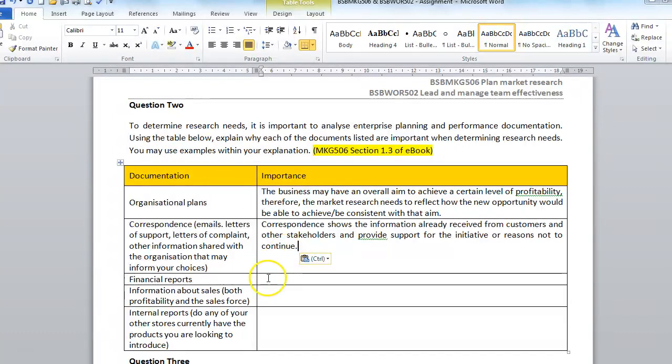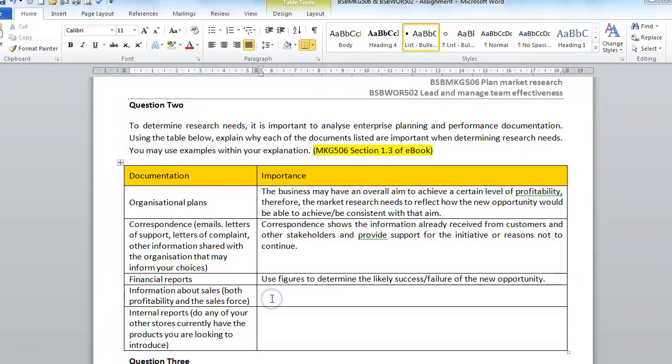Maybe just doing a post on Facebook even, what would you think about this, and get customers to respond. Then the financial team could help you out with some financial reports. So they could use figures to determine the likely success or the failure of the new opportunity. So like how much money is it expected to bring in, and does that cover the costs of bringing that new opportunity into the store?